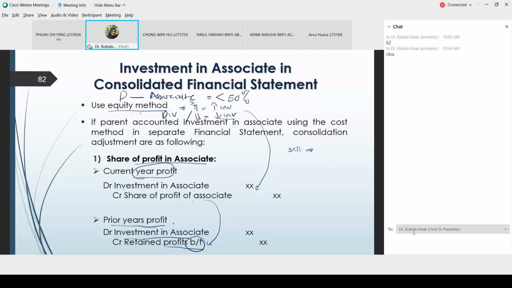So for the current year profit, it's investment and credit share of profit, but for last year's profit, still investment, but this time we credit retained profit brought forward. So this is what we have for the associates.